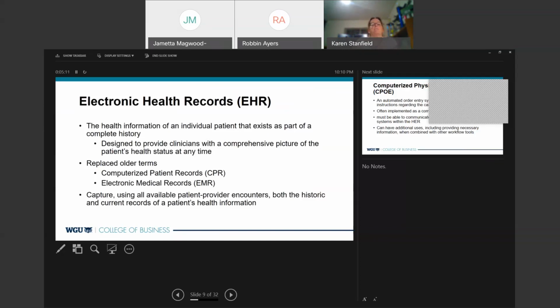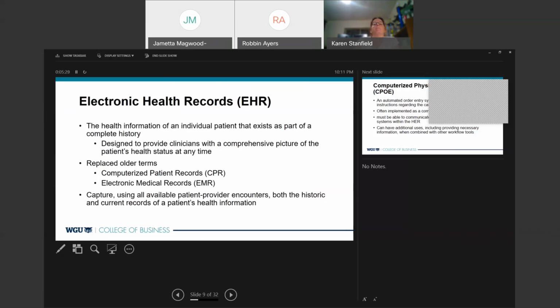But the electronic health record is supposed to provide a complete picture of your history, a complete picture of your health status at any time or whenever it's accessed by a physician.